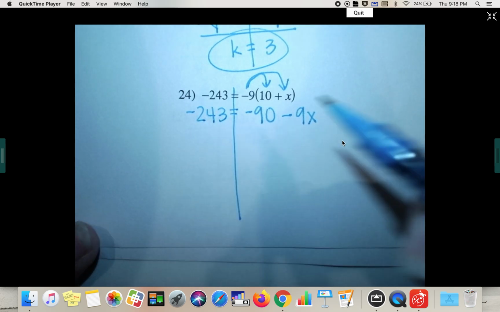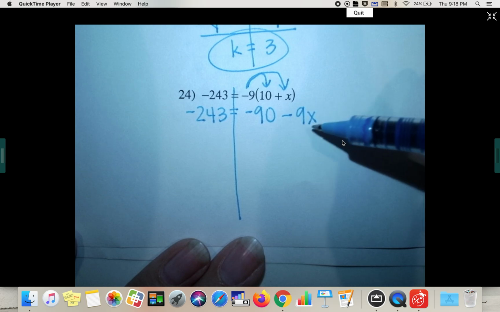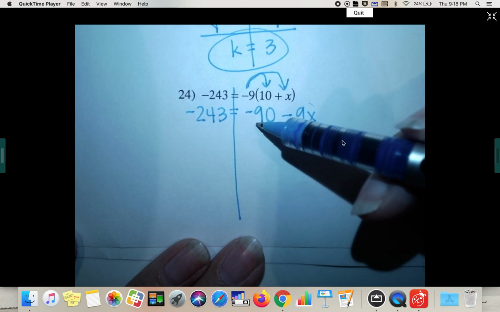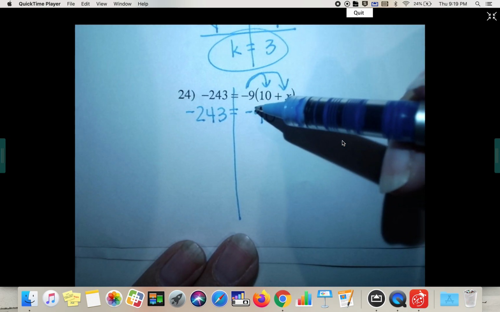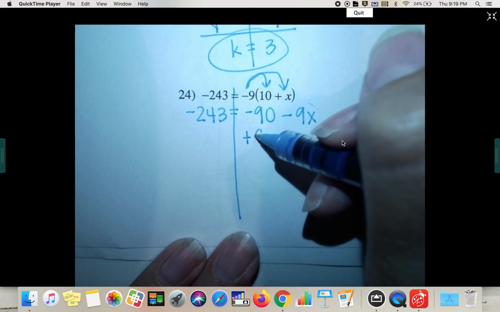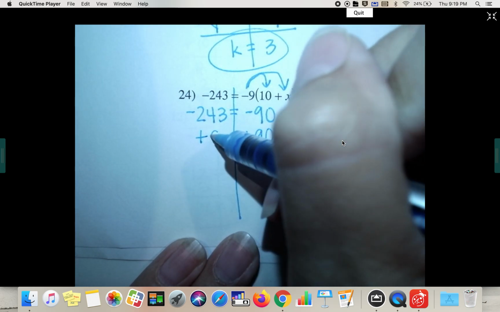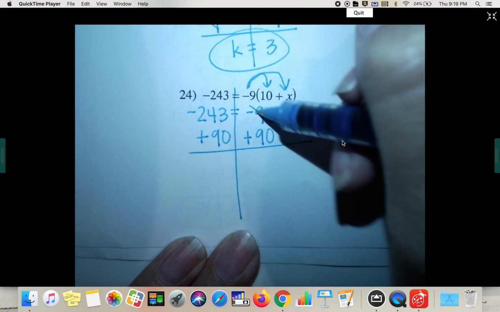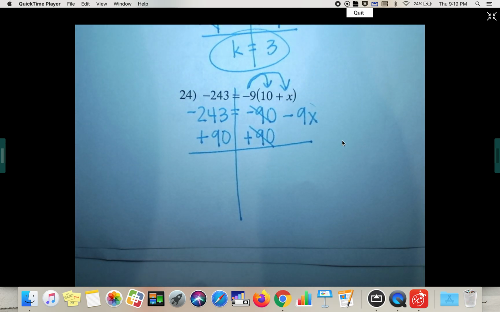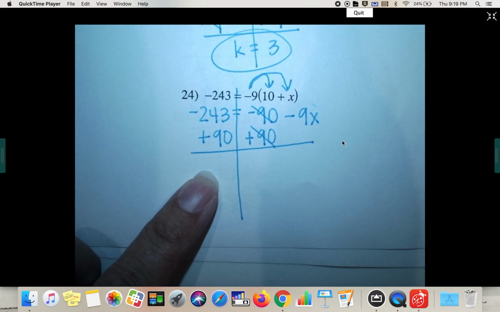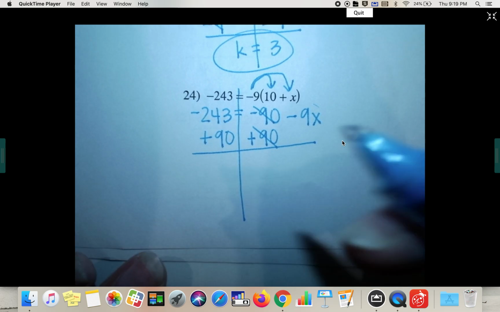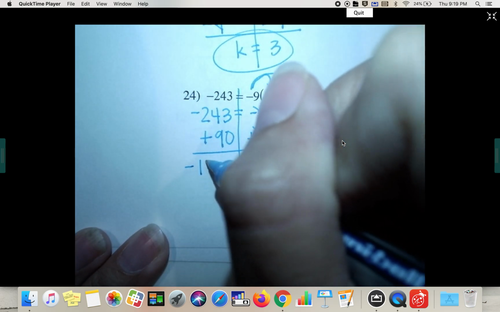Keep the variable and number together, and let's get rid of first the negative 90. So the opposite of a negative 90 is we're going to add 90 to both sides. Cancel, cancel. All right, negative 243 plus 90. I have no idea what that is. I'm going to do it in my calculator. It says it's negative 153.